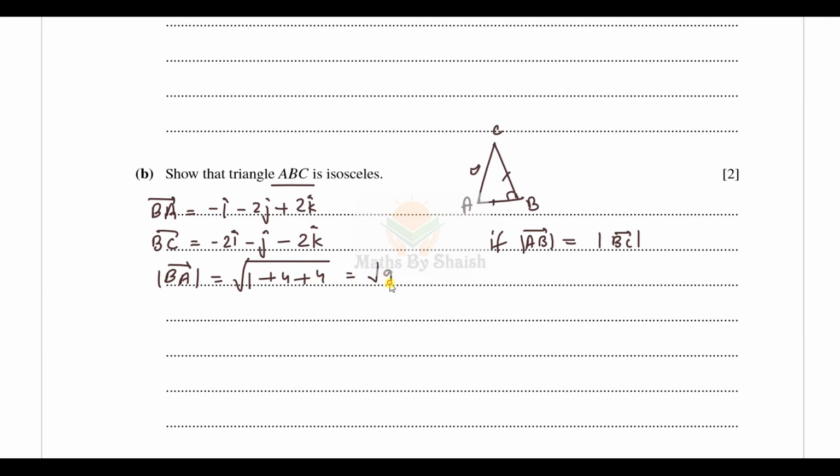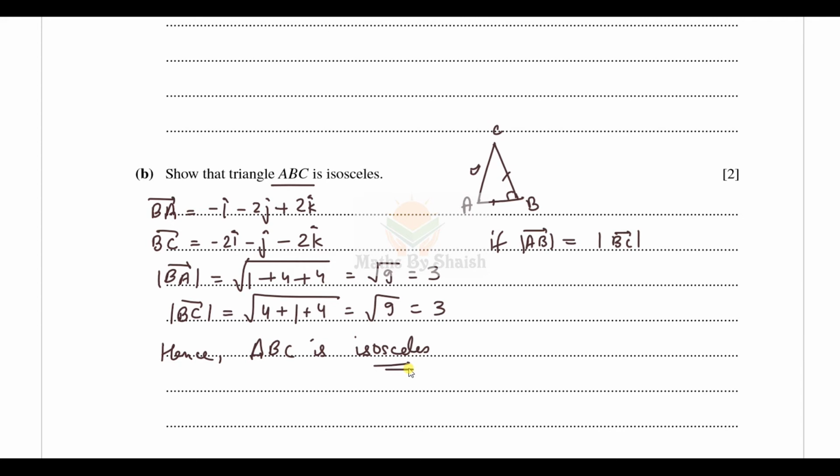Again, vector BC magnitude is square root of 2 squared, that is 4, plus minus 1 squared, 1, and again minus 2 squared, 4. It is again root 9, it is 3, and hence we can say that triangle ABC is isosceles. I hope it is clear. So let's do the next part of it.